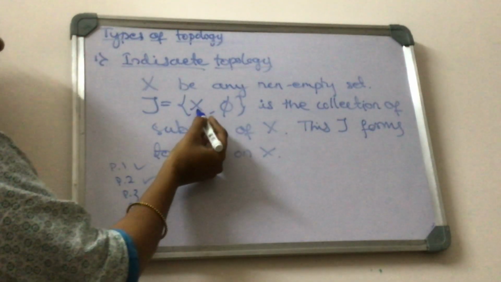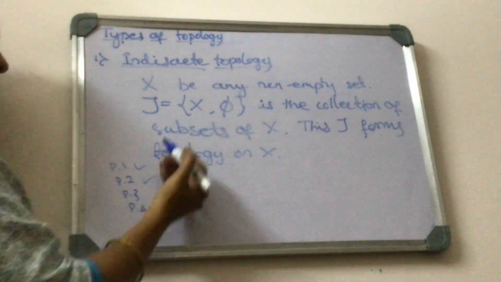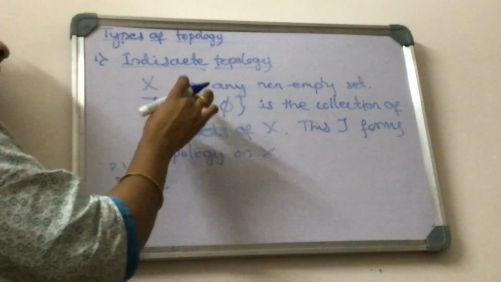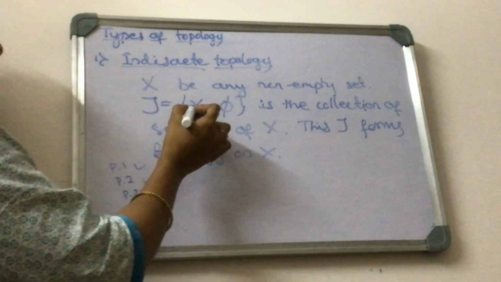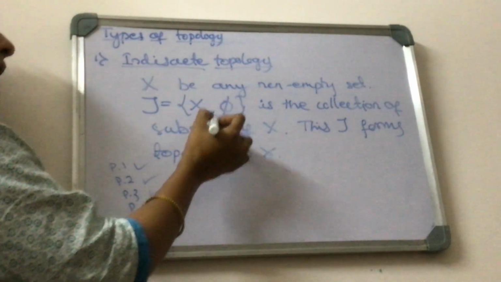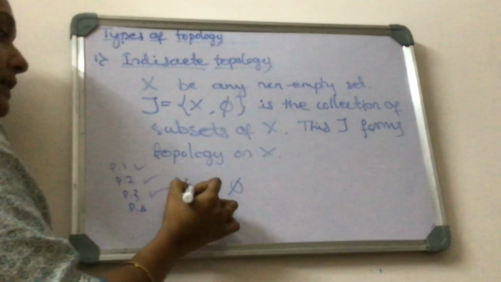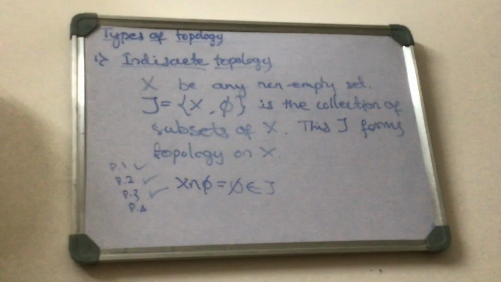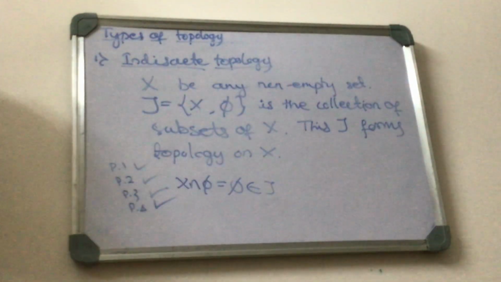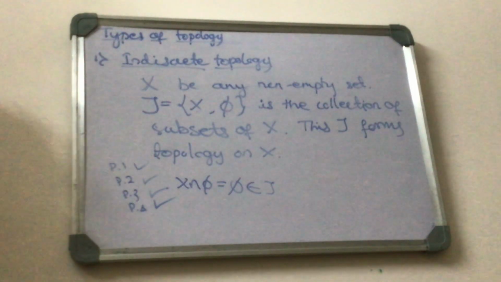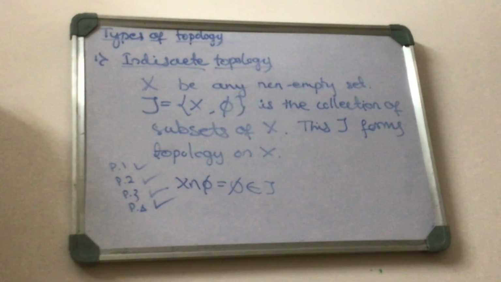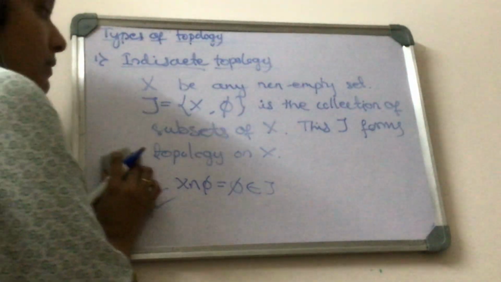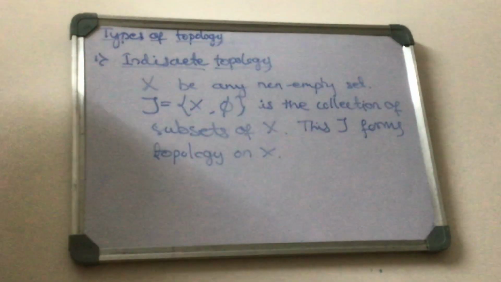So if you do the union, X union phi is what? X itself. It is there. Okay. So union of members of tau is again a member of tau. Intersection. If you do X intersection phi, it is phi. So X intersection phi is phi, which is in tau. Therefore, intersection of members of tau is again member of tau. So 4 conditions are satisfied. That means this forms a topology on X.